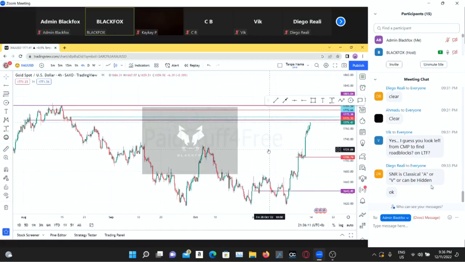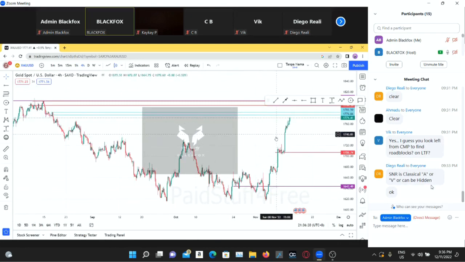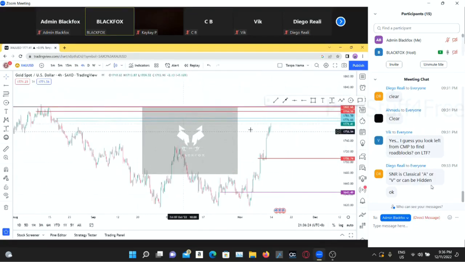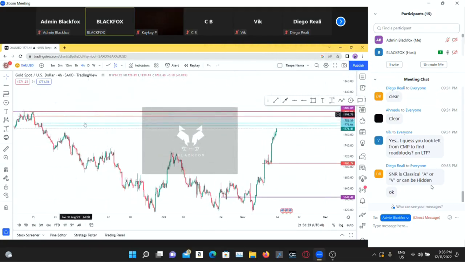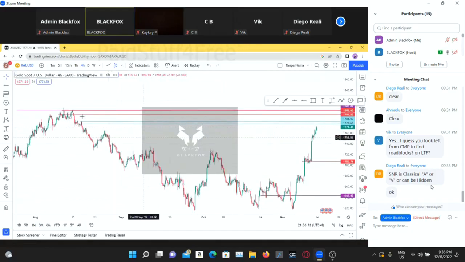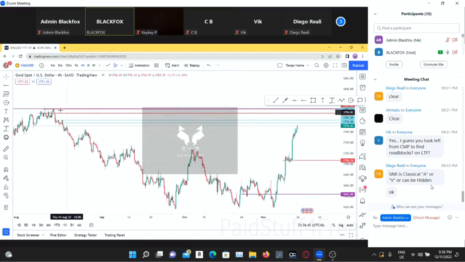Okay, is it clear? So we just delete this one, delete this one. So we have these two labels. If this SNR breaks, we would just wait up here, weekly storyline. Okay, this is weekly storyline. So I think this one no need to be precise because weekly, daily, and H4 have the same resistance level.